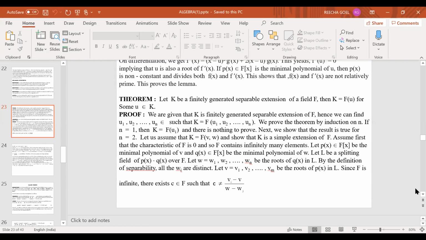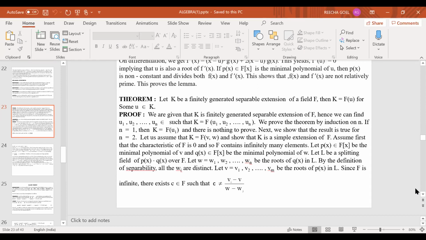Now, because I assumed that F is of characteristic 0, it has infinitely many elements, so I can always find an element c in F such that c is different from (vi - v)/(w - wj). Remember, v is equal to v1 and w is equal to w1. So j can vary from 2 to n only, because if I put j equal to 1, the denominator will be 0, which is not admissible.